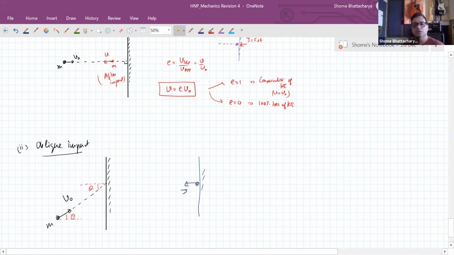It's along the normal. So the tangential component of momentum will remain conserved.